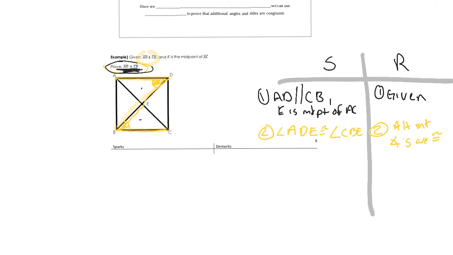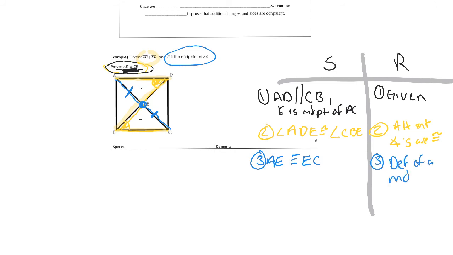Next thing they give me, E is the midpoint of AC, this line. That means these 2 lines are equal. AE is congruent to EC. And what am I using there to figure that out? Right, definition of a midpoint.